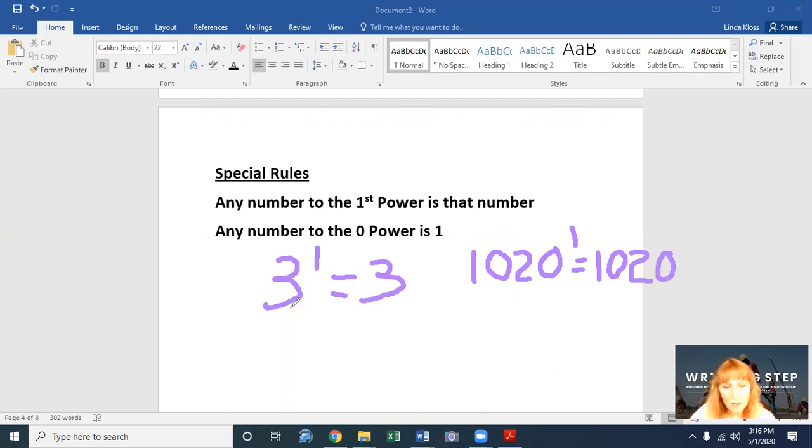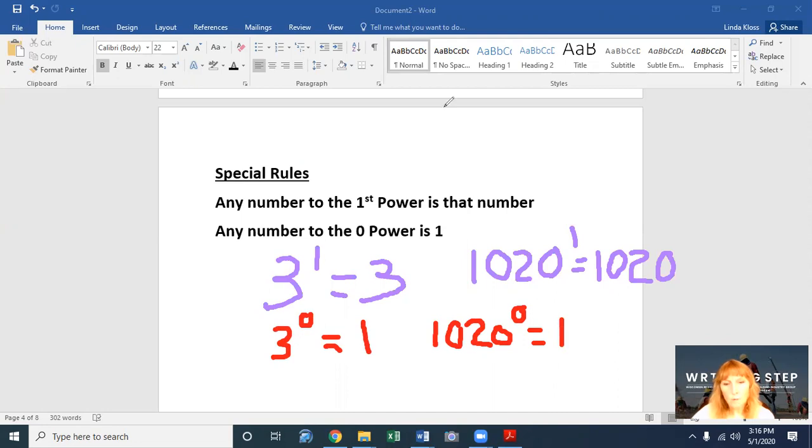Now the second rule, any number to the 0 power is 1. So 3 to the 0 power is 1. 1020 to the 0 power is equal to 1.